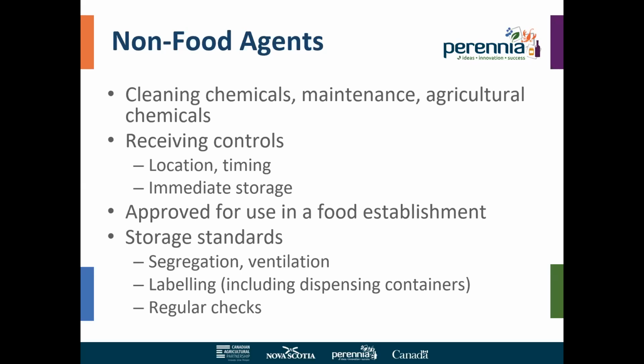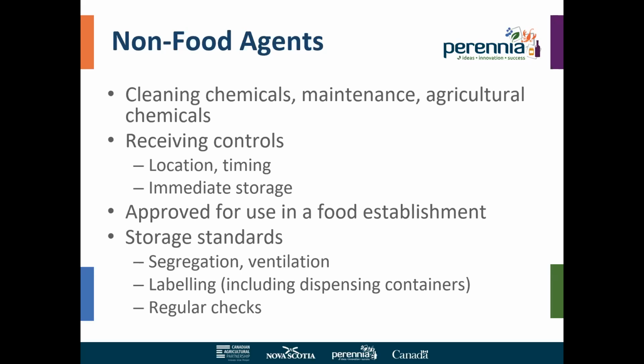Receiving controls. So when you're receiving any of these, whether it's chemicals or agricultural chemicals or maintenance oils, paints, what have you, that you're receiving them not at the same time that you're bringing in any of your crops or your harvest or what have you. And then of course, when you receive it, that you are taking it to storage in a timely manner.